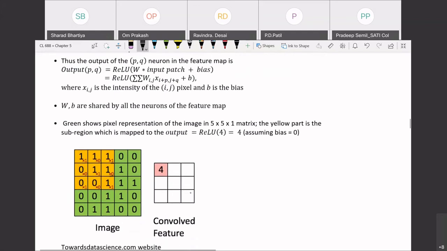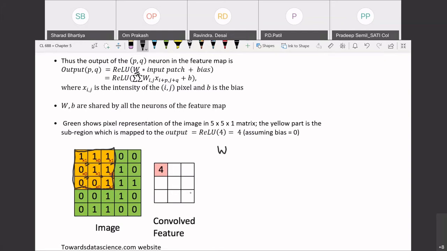So how do you calculate the output of this? In this operation of convolution, let us say this is a matrix. You take a patch in that matrix. And these are the weights, 1, 0, 1. So you do an element by element product between W and that patch.